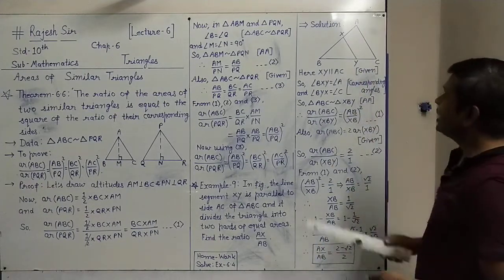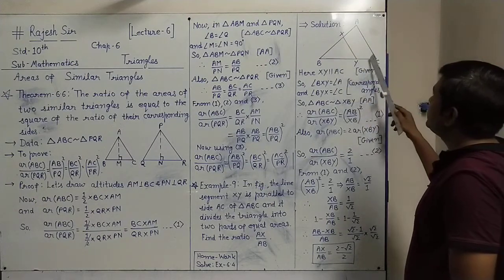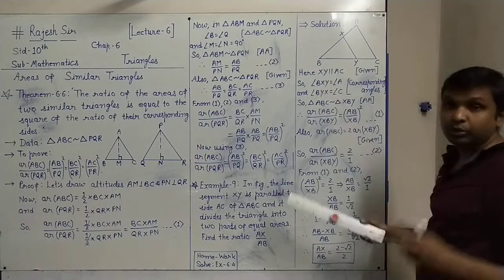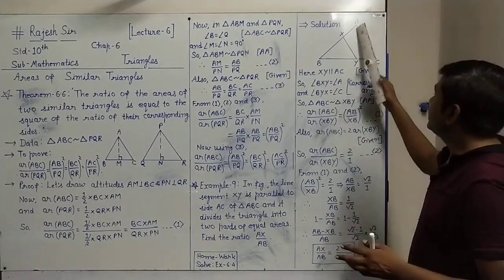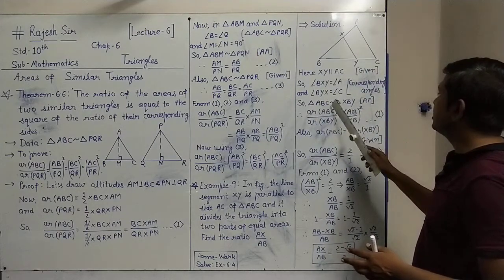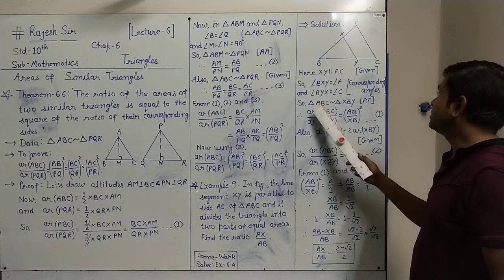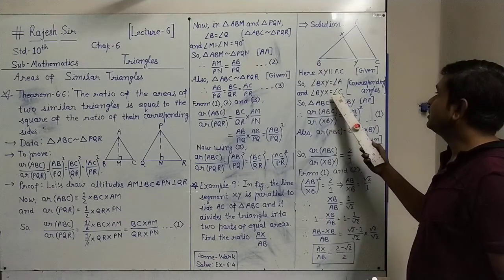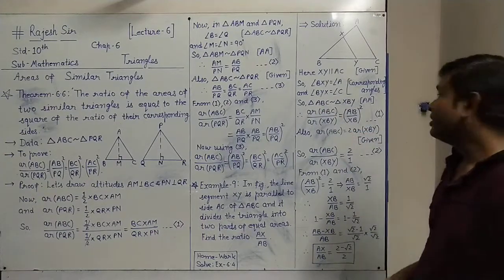Now, in the two triangles, triangle ABC and triangle XBY, we have shown two angles equal. So we can say that triangle ABC is similar to triangle XBY because X equals A, so the first angle is equal, and C equals Y, so the third angle is equal.